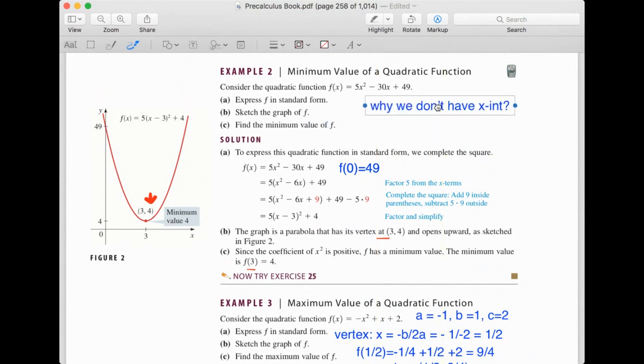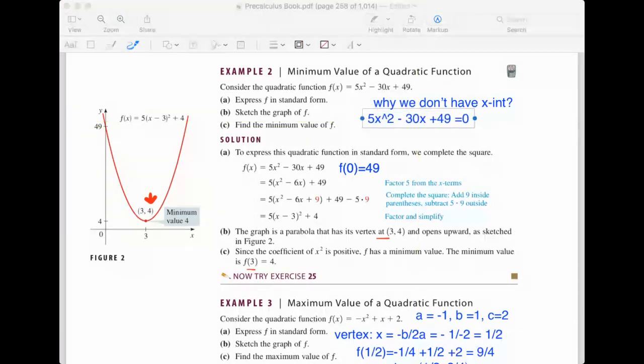So the x-intercept means setting the function to be 0. Let's do that. So 5x squared minus 30x plus 49 equals 0. We have no x-intercept because of the discriminant.